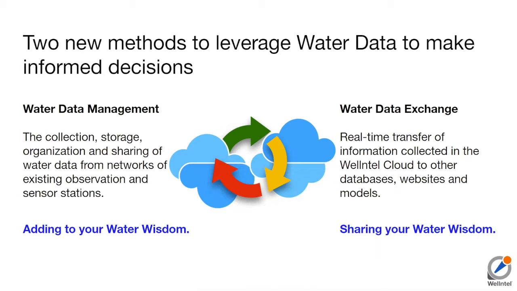On the left-hand side, Water Data Management is really about assisting in the collection, storage and organization of information from networks, including observations, sensor stations, anything you can imagine that might be brought into it. So we call this adding to your water wisdom. And on the other side, API means sharing that wisdom by pushing data from the Wellntel cloud into other databases. And I'm going to talk to some methods for doing that in the next few minutes.